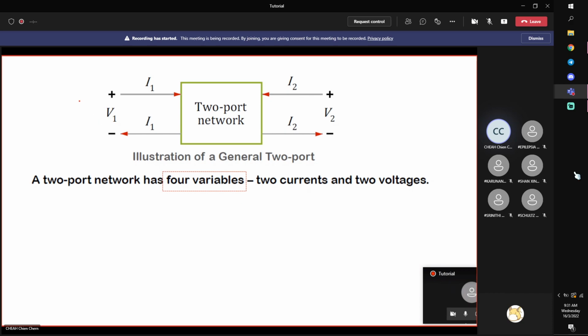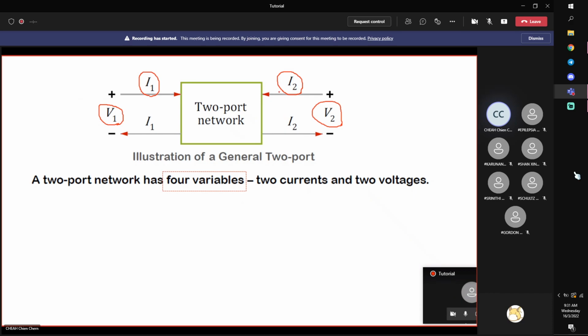that basically you have a port 1 on the left-hand side with a voltage V1 and current I1, and on the other side you have port 2 with a voltage V2 and current I2. An important point to take note of is that by convention the current is flowing into the two-port network, right?